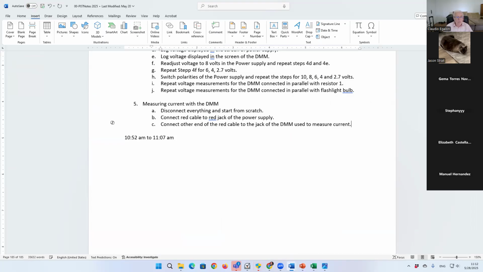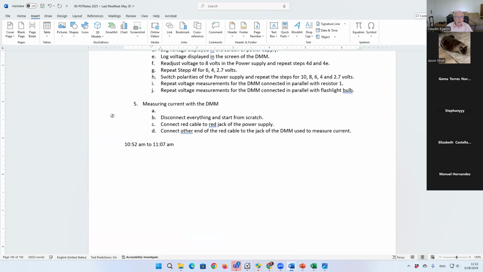And don't forget, measuring current with the DMM. The first thing you have to do is adjust the DMM to measure current, and then you connect it to the circuit. First adjust it, and then connect to the circuit. The DMM will be connected in series to the circuit this time.